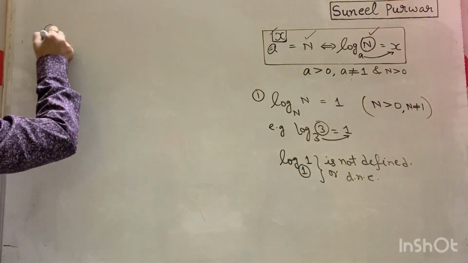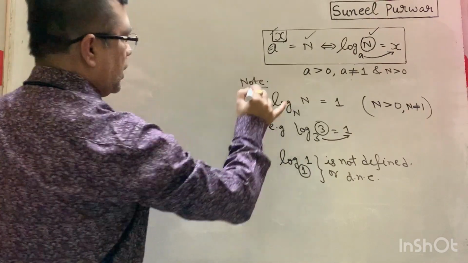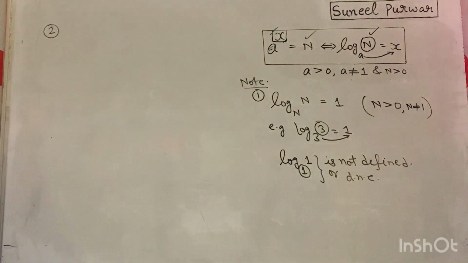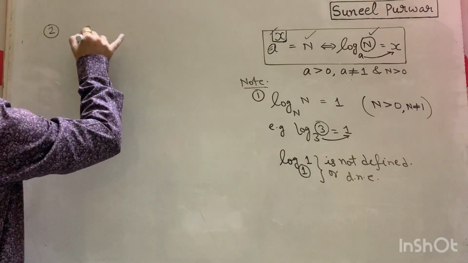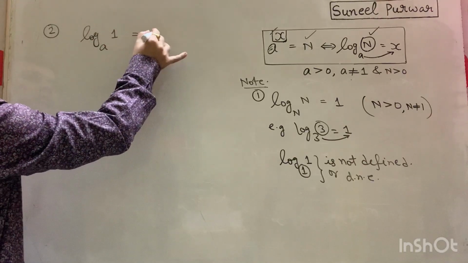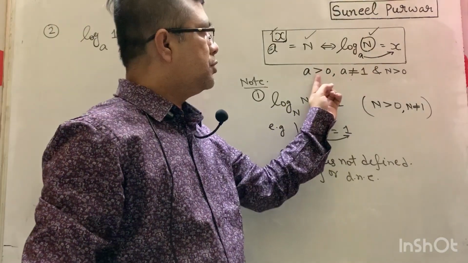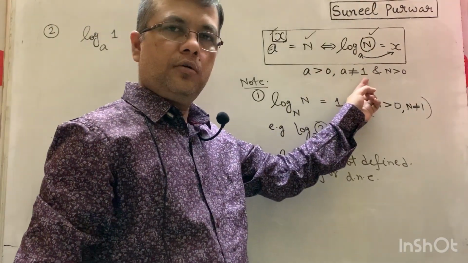Another point, when you find log of 1 at a proper base, it is always 0. What is the meaning of proper base? Base must be positive and it must not be equal to 1.